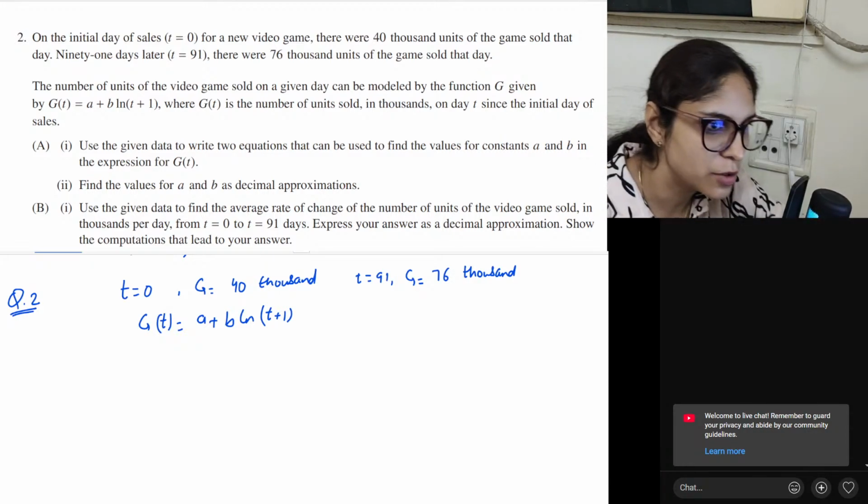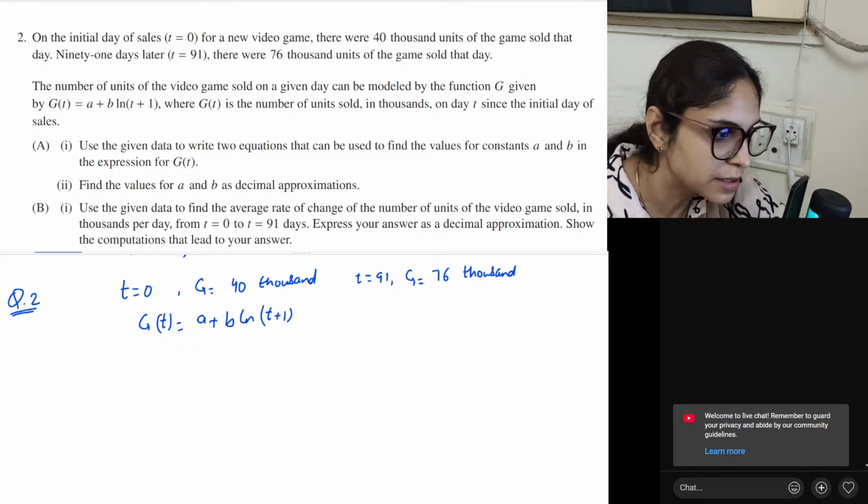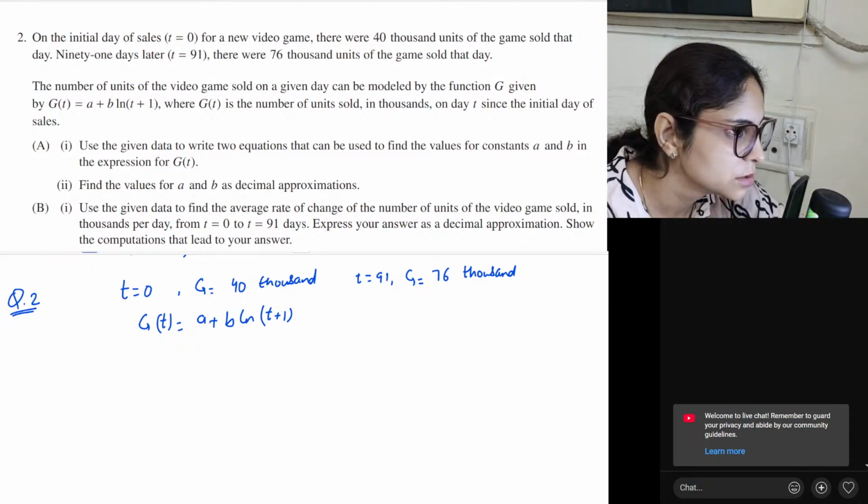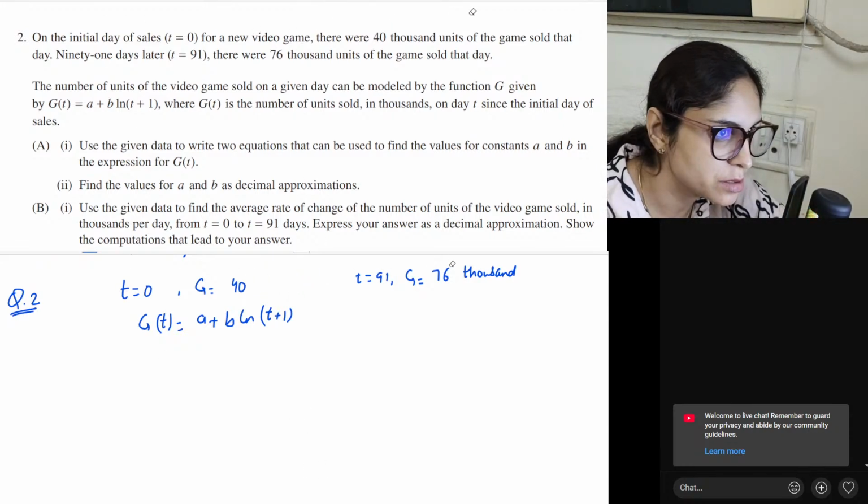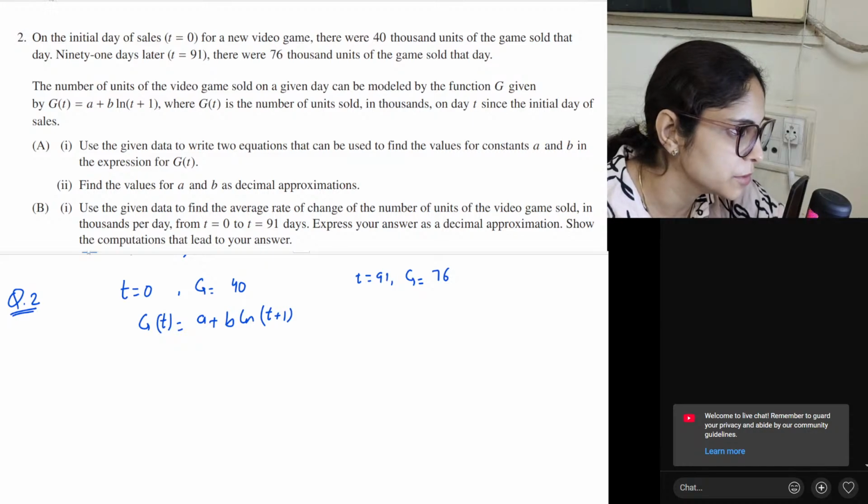So I will not write 1000 because g is telling that it is in thousands. That is why I was skeptical about writing 1000 beforehand as well.